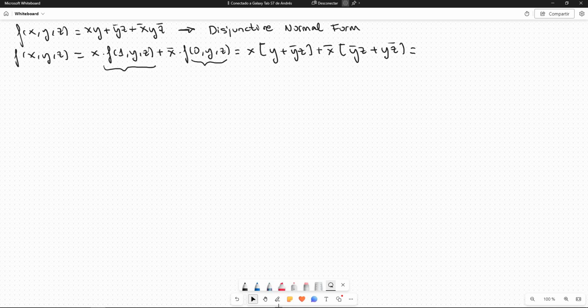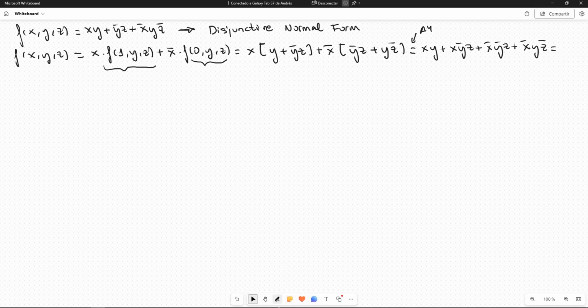So we can apply the distributive property, that is axiom 4 here. And we have x that multiplies this plus this, plus x negated multiplying y negated and z, x negated multiplying y z negated.